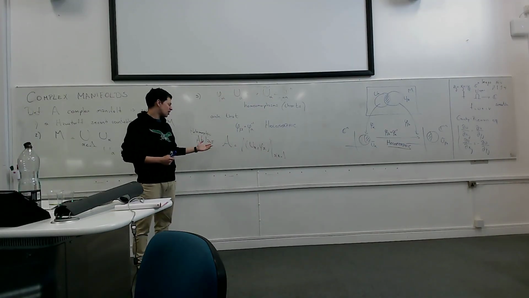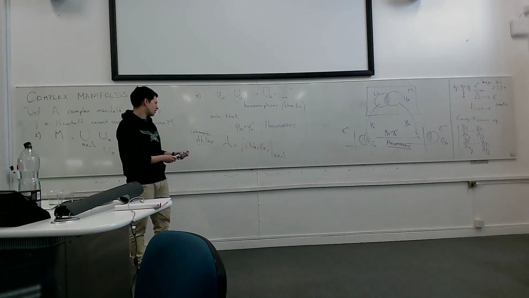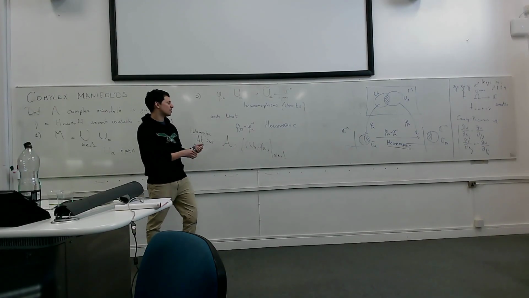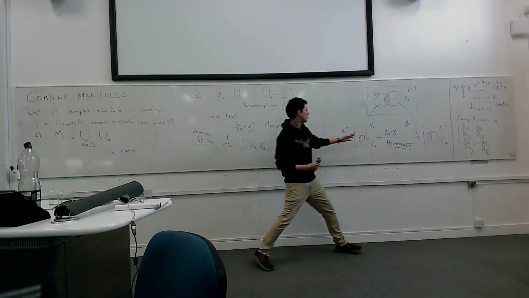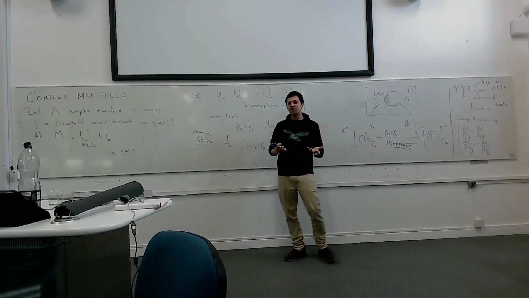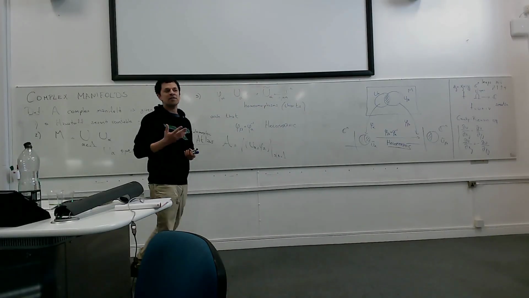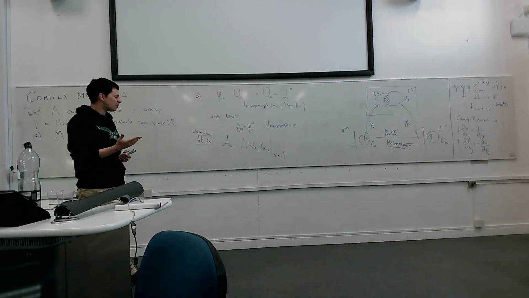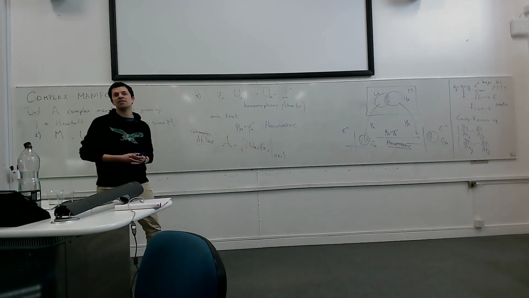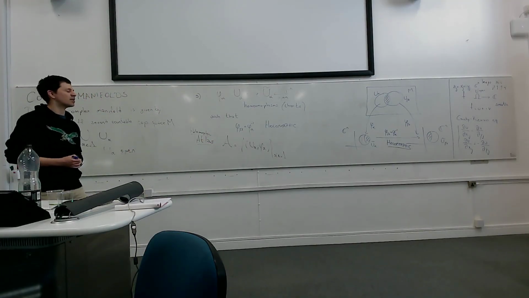So actually, two atlases are equivalent if, when you compare the charts, the transition functions are holomorphic. And the correct definition of complex manifold is a differentiable manifold equipped with an equivalence class of holomorphic atlases. That's the sort of correct technical definition.